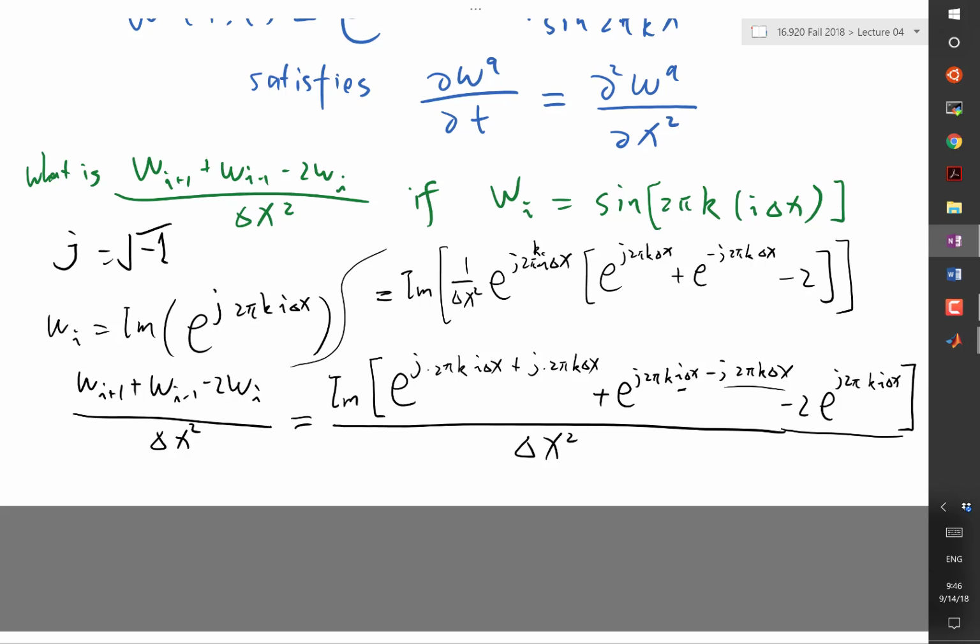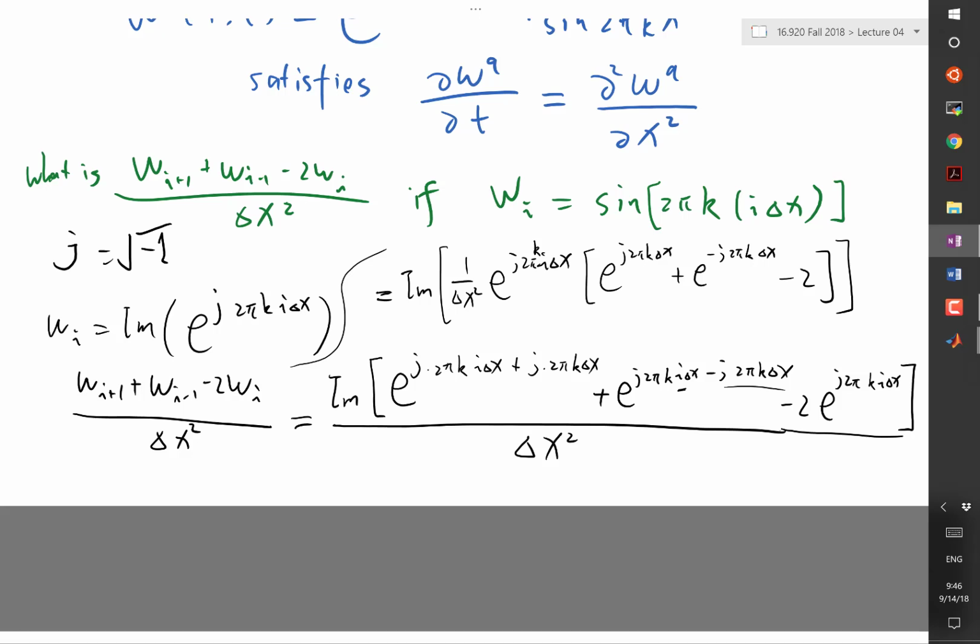Okay, so what is this part? What is the summation of these two exponentials minus 2? Well, each exponential is a cosine plus j times a sine, right? The sine part actually cancels, because one is plus, one is minus, and sine is an odd function.